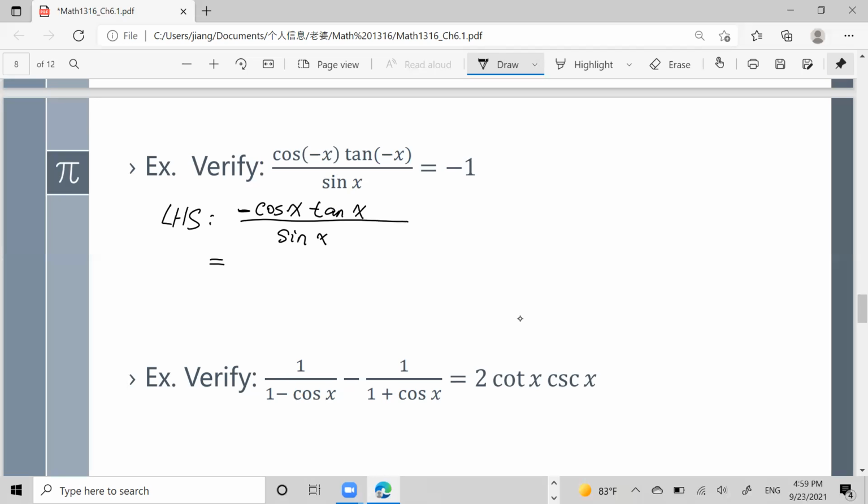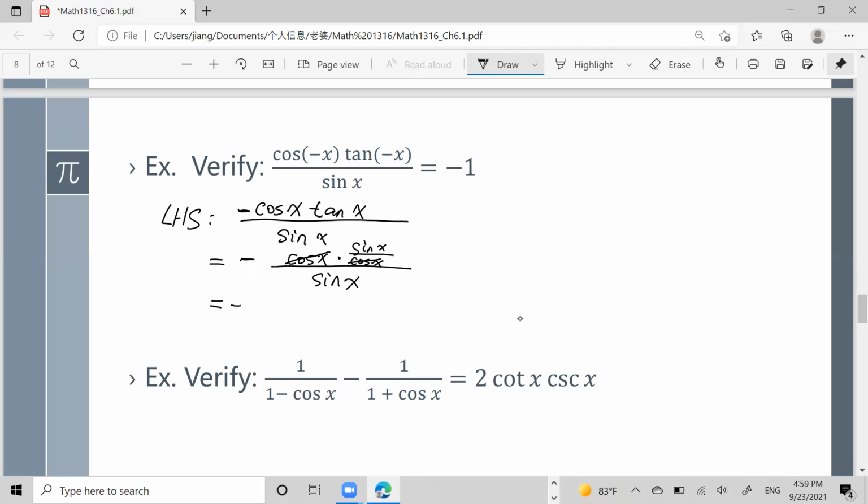Let's continue. Convert tangent into a sine and cosine expression. Keep the negative sign in front. Actually, we don't need the parentheses. Cosine x times tangent x equals sine x over cosine x, divided by sine x. The cosine x and cosine x cancel out.